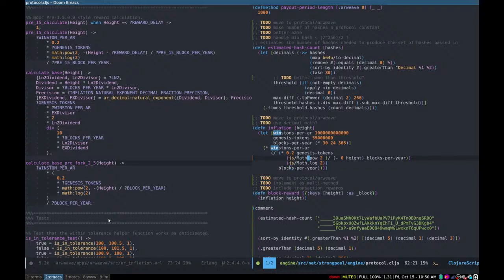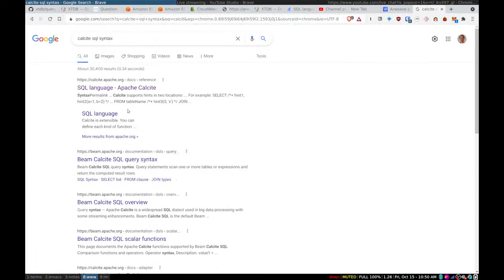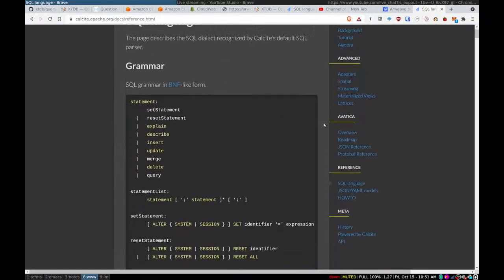Okay, math power 2 to the... Calcite SQL syntax. So we've got to look at what functions we have available here.